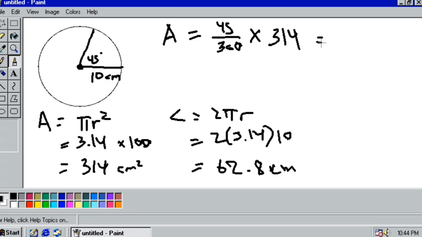Let's plug it into a calculator. It will be 39.3 centimeters squared. So that is the area of this sector.